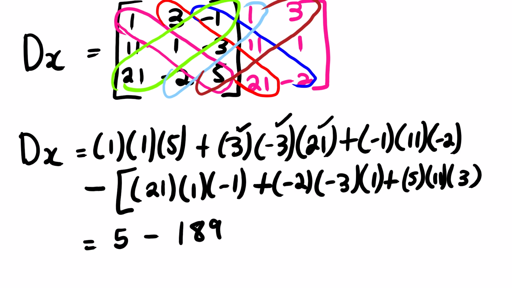And then we have -1 multiplied by 11 multiplied by -2, our answer will be +21.